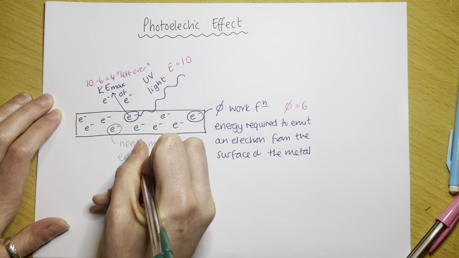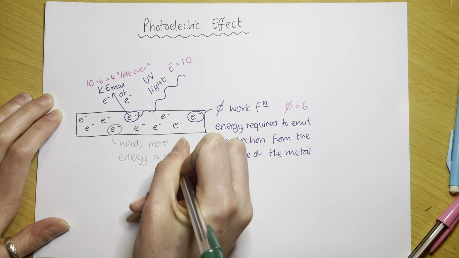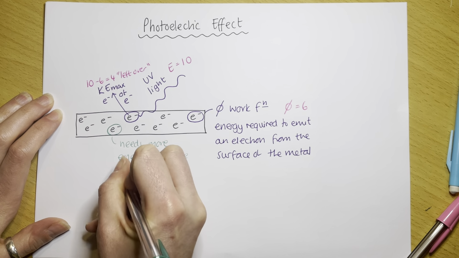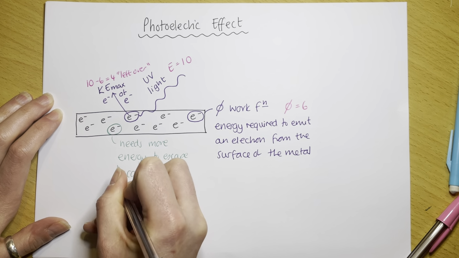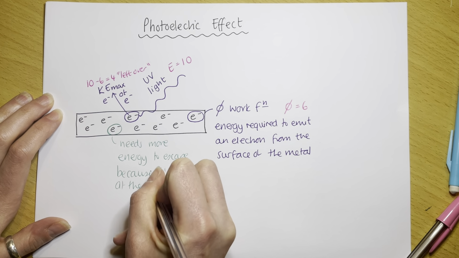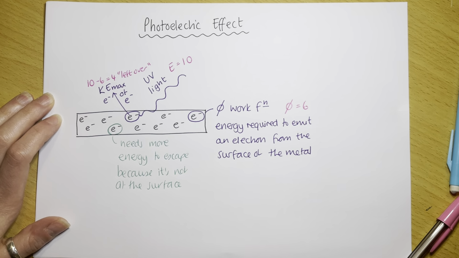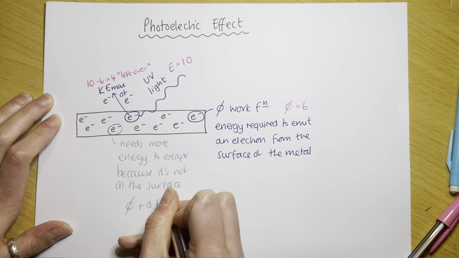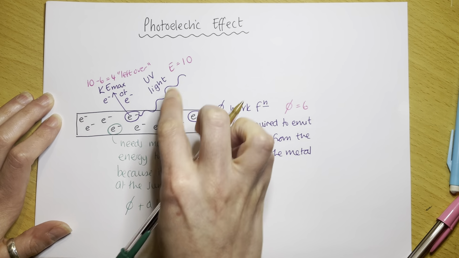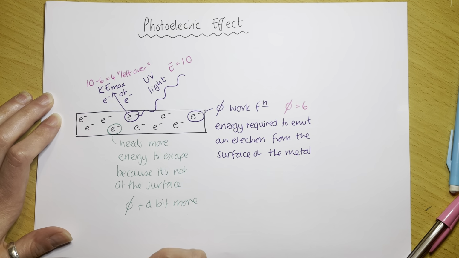because it's not at the surface. So this electron is going to need phi plus a bit more. So let's say the light gives this electron 10 as well.